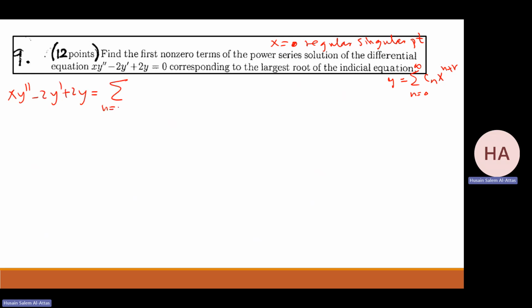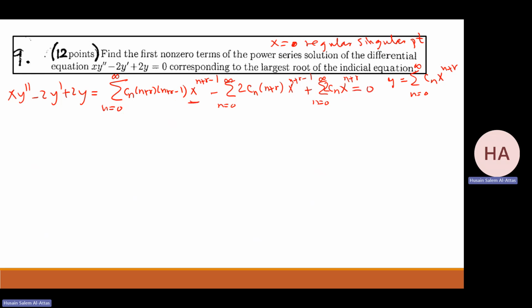Summation n equals 0 to infinity, c_n (n+r)(n+r-1) x to the power n+r-1, minus summation n equals 0 to infinity, 2 c_n (n+r) x to the power n+r-1, plus summation n equals 0 to infinity, 2 c_n x to the power n+r.